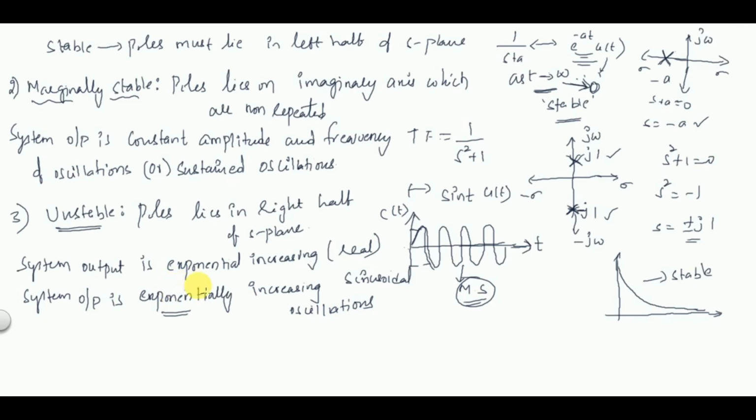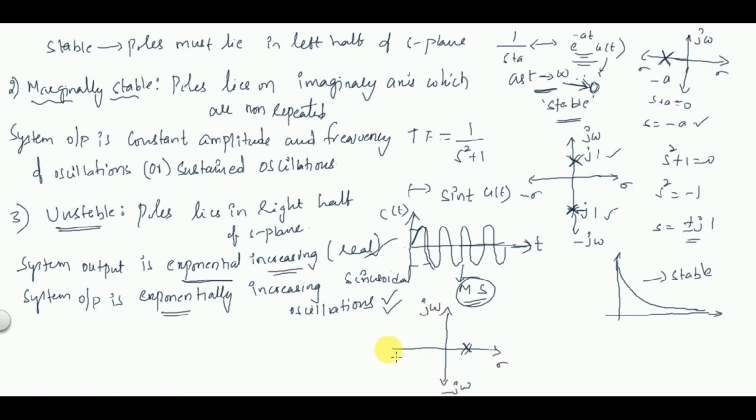As of now, just remember that the system output is exponentially increasing when the poles lie on the right half of the S plane. I'll take only this case; the other cases I'll explain in the next video, where we will see what the output looks like for different types of poles. So this is j omega and this is minus j omega.